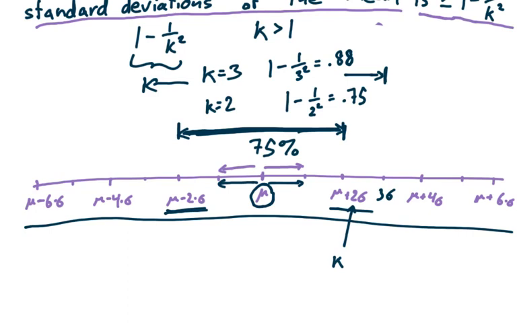Let's round it off to the nearest tenth of a percent. 88.9% of the values are going to be within 3 standard deviations, and so on and so forth. So basically, in order to find the proportion of values that fall within a certain range, we will first look to see how many copies of the standard deviation that is away from the average value.